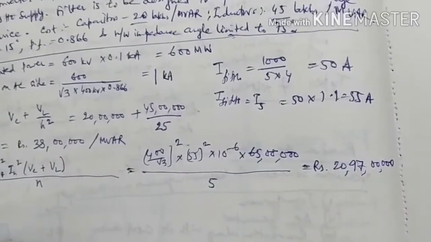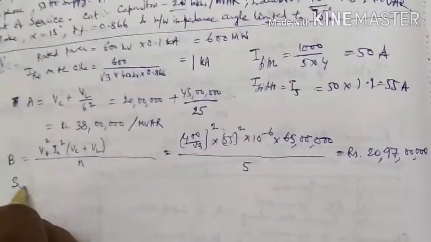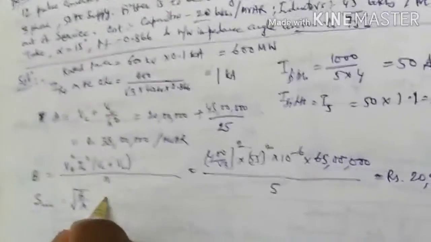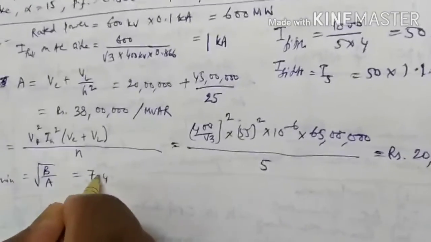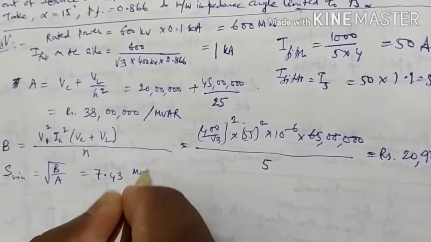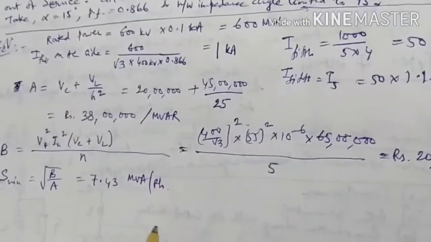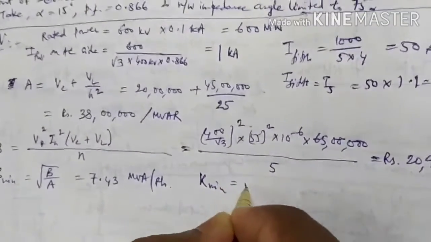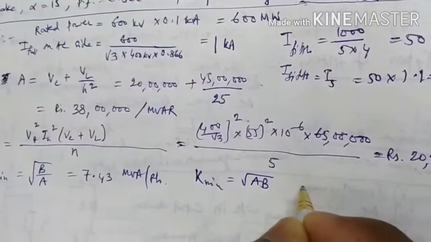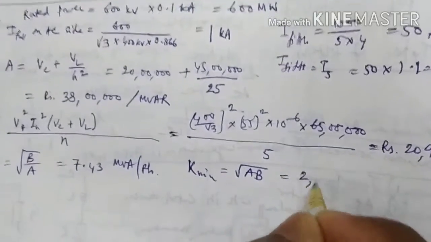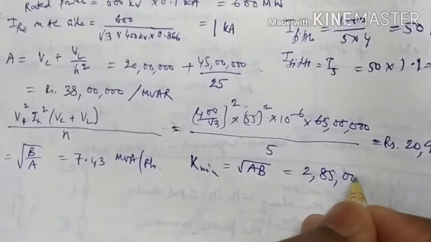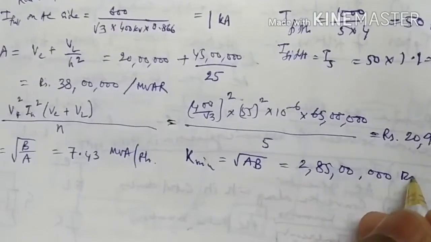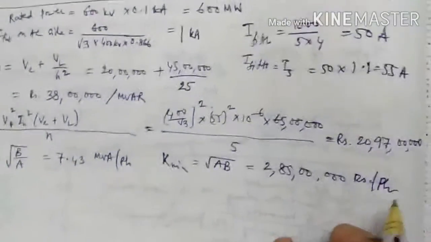So S minimum will be root over B by A, that will be 7.43 MVA per phase, and K minimum, that is root over AB, will be equal to 285 rupees per phase.